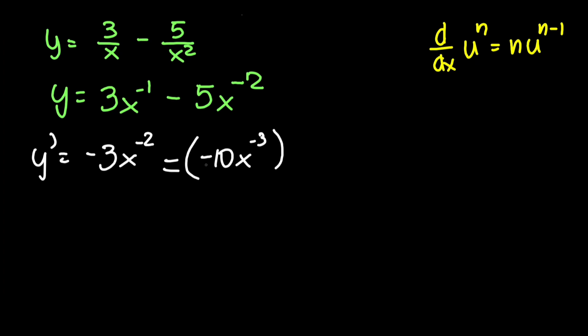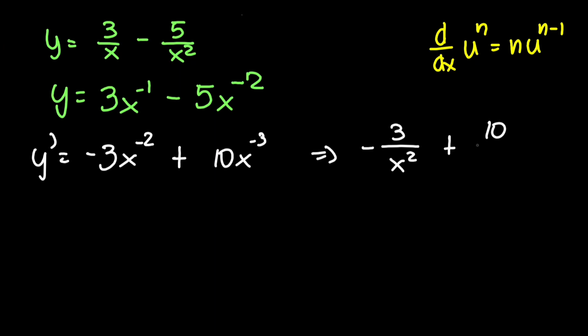We have a negative and negative here, which would result in a positive sign. And if you want to reconvert it into the fraction form, since this is negative, it would be positive, which would result in 3 over x squared. It is now a positive sign, plus 10 over x to the power of 3.